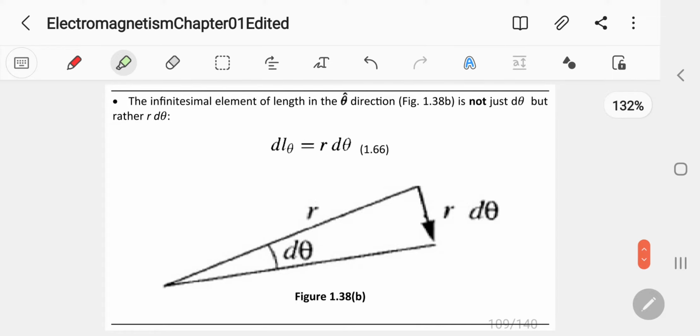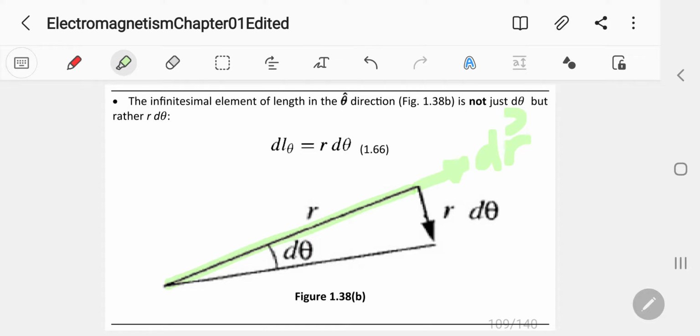So this is your r, this one is your r, your dr is here, that's your dr.